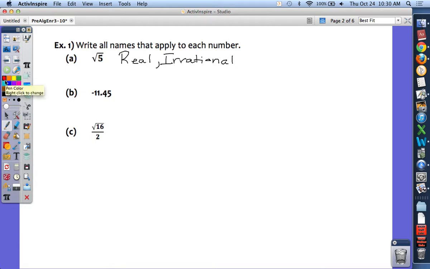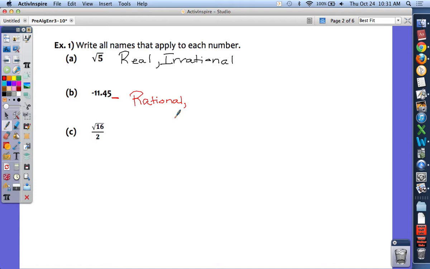The next one, -11 and 45/100ths. Well, we can see right away that it terminates or repeats, which means it must be rational. If it's a rational number that terminates, then we have to ask ourselves if it's within that category. So is it an integer, a whole number, or a natural number?